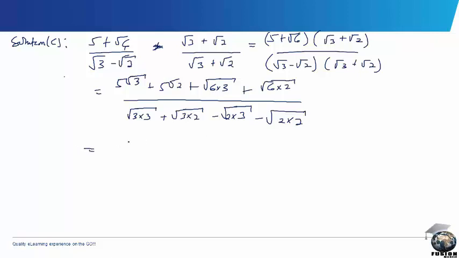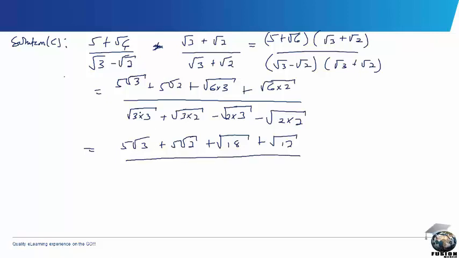Okay, so at this point we can say 5 root 3 plus 5 root 2 plus root 18 and plus root 12. Alright, so this and this gives us root 9 plus root 6 minus root 6, and then minus root 4.